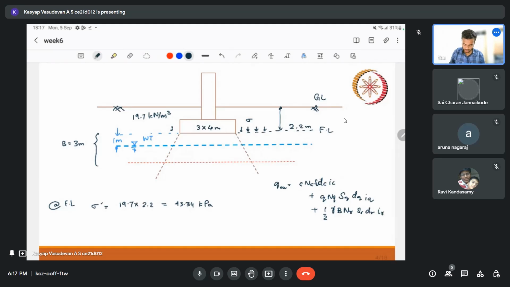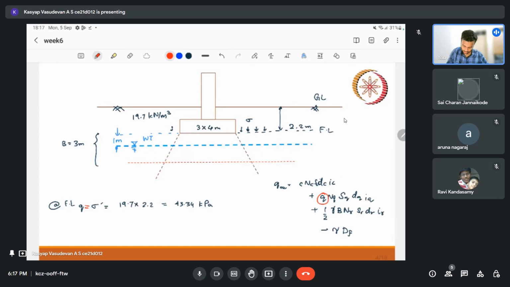This is the general equation for all the three cases, Meyerhof, Hansen, or Vesic. But here we are getting ultimate, so we have to subtract our overburden till the footing level. So this I can also write as q. So the second term q is this particular one.